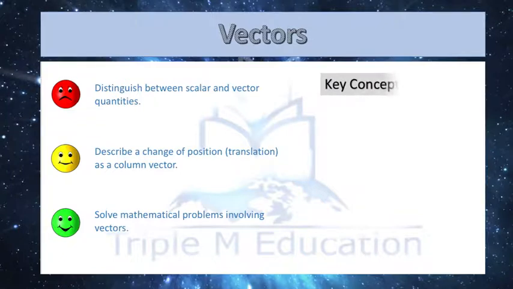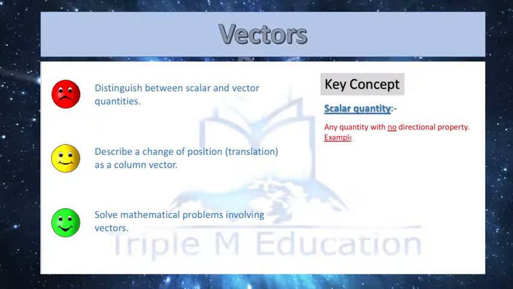Key concepts. A quantity is defined as scalar if it has a size but no directional properties. Examples can include length.